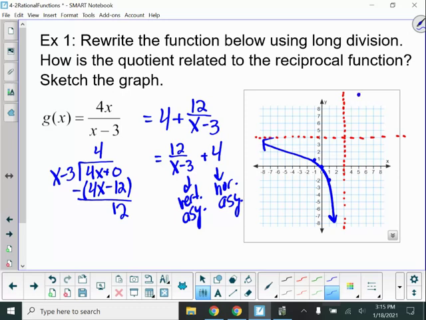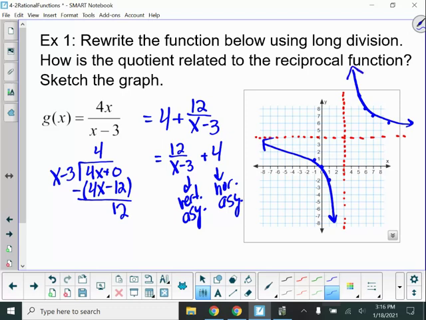So 5 would put me up at 10. 6 would put me at 8. 7 would put me at 7. Then 8 is going to give me a decimal. 9 would put me up at 6, so that would be out there. So this part is going to look something like that.